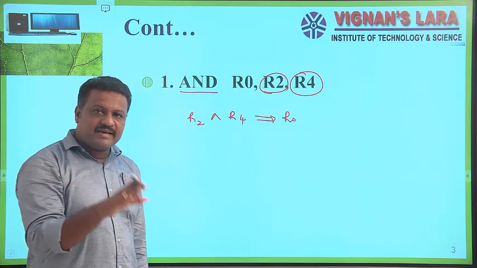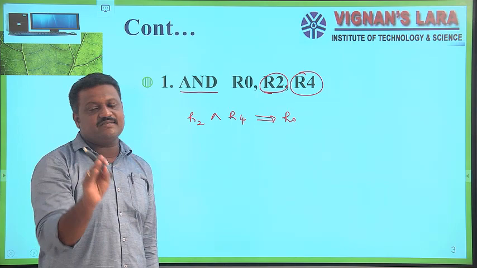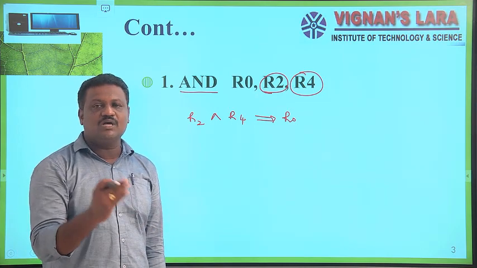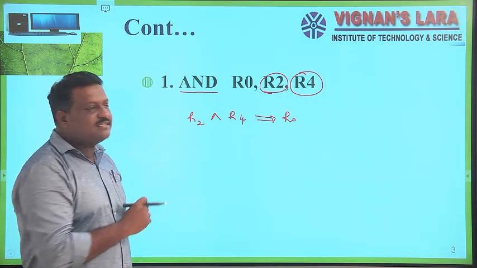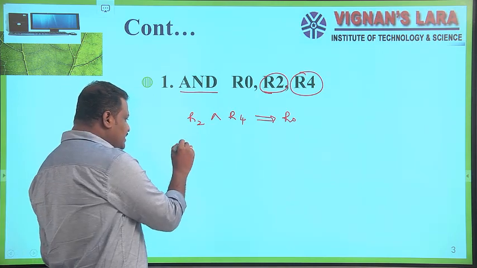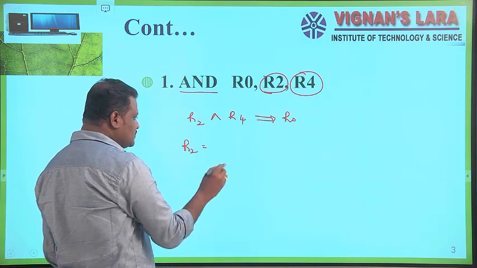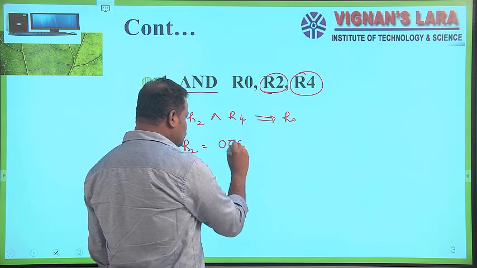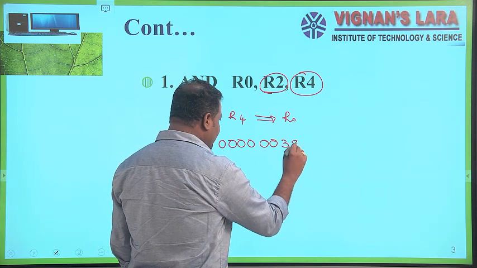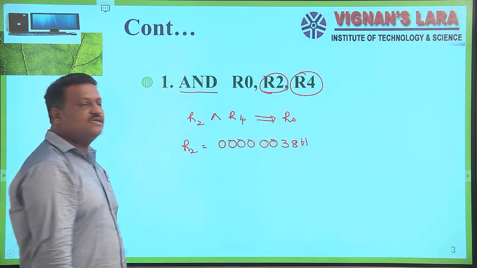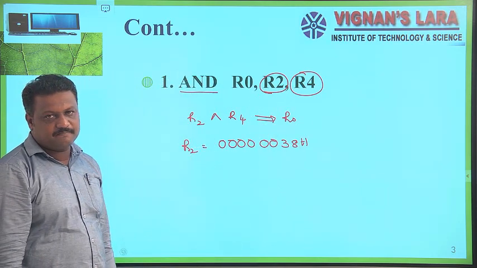We know that in ARM, each and every register size is 32 bits because our processor is 32-bit itself. Let me take an example. The content of register R2 is 00000038H. This is a 32-bit number.